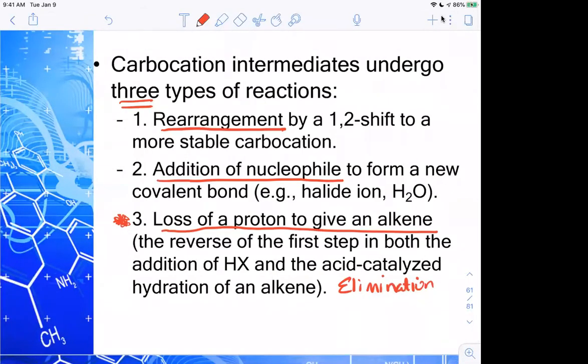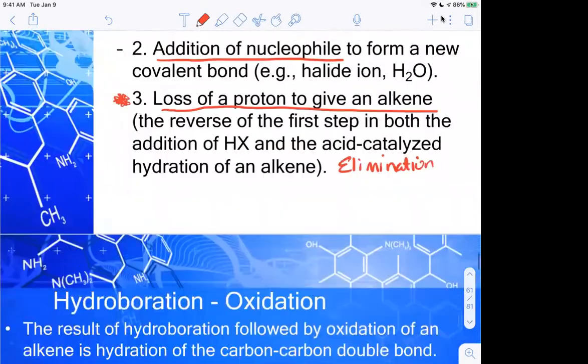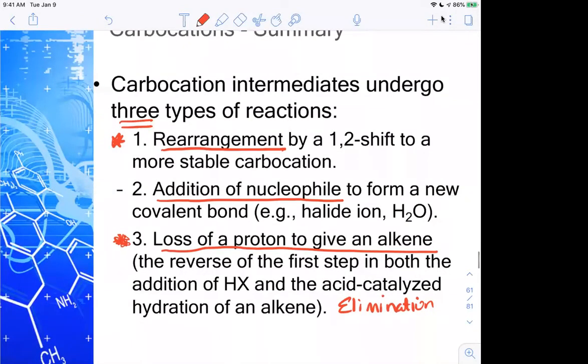I will tell you that you will have to identify rearrangements on your test and your quiz, and you will have to be able to predict the products and draw the mechanism of various rearrangements as we go through the rest of this chapter. That's one of the skills that you're going to need to remember.